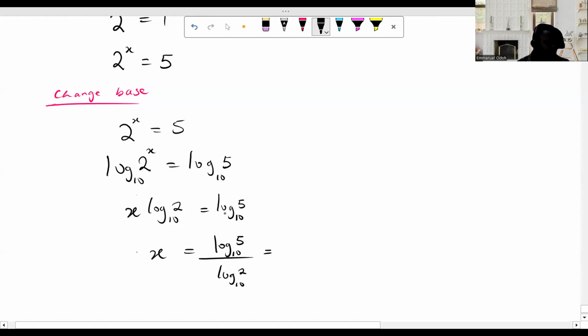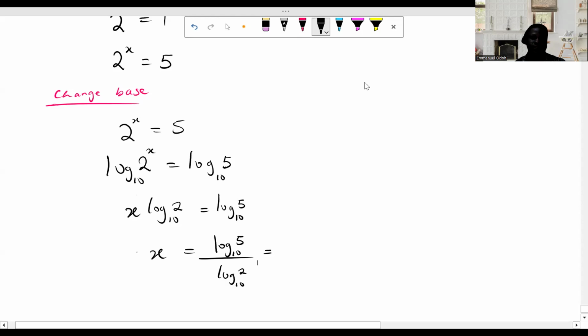Okay, use your calculator to get the value of log 5 for us. Log 5 to base 10. Let me use my calculator. Who is doing that for us?